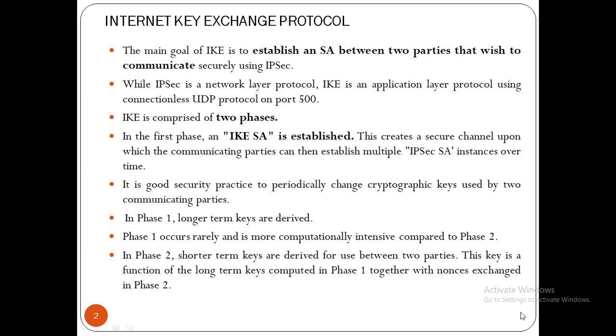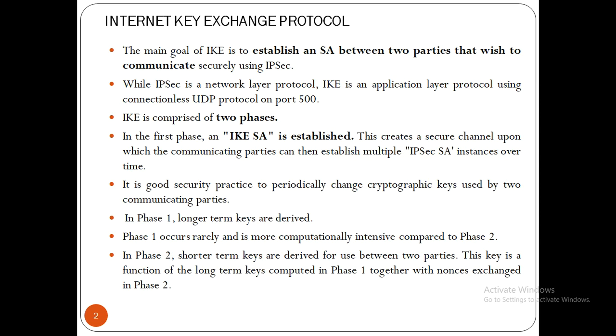Now, it is good security practice to periodically change cryptographic keys used by two communicating parties. We need to frequently change the cryptographic keys used by the communicating parties. In phase 1, longer term keys are derived, and phase 1 occurs rarely and is more computationally intensive as compared to phase 2.